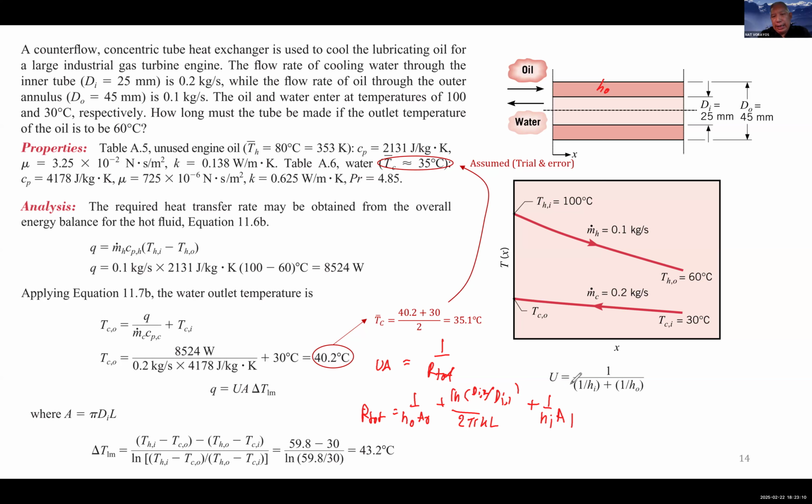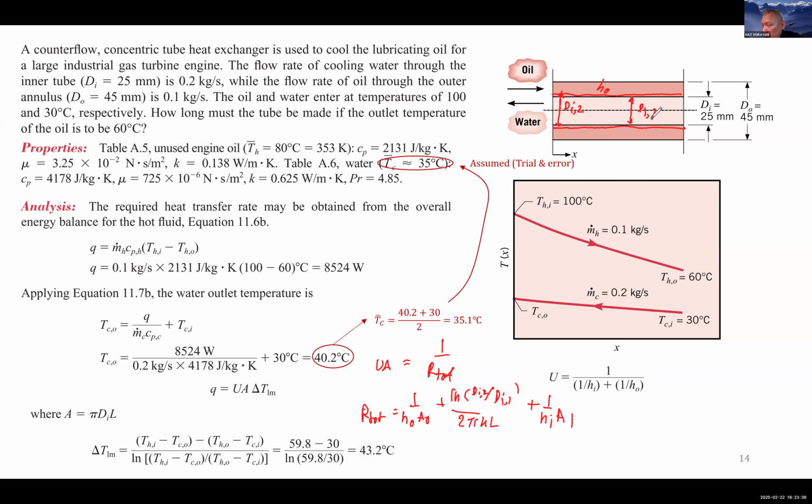What is the DI1 and DI2 anyway? Because for real, the inner tube should have a thickness. This is DI2, and this is DI1.